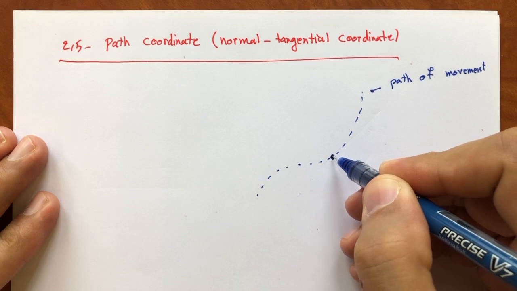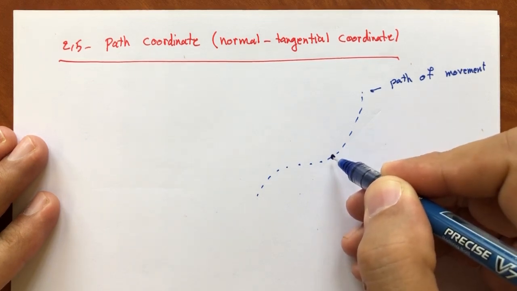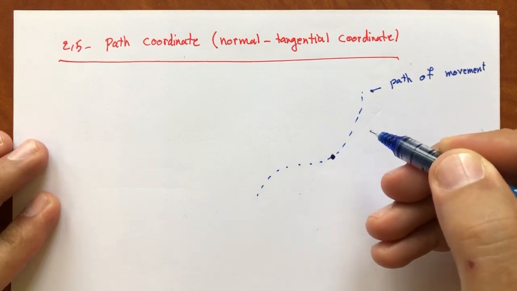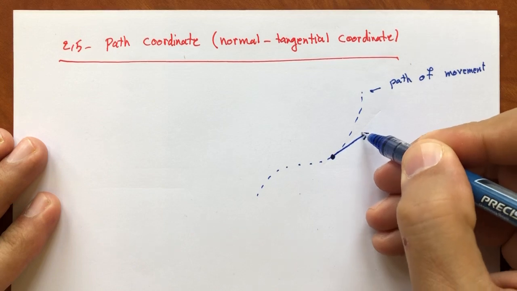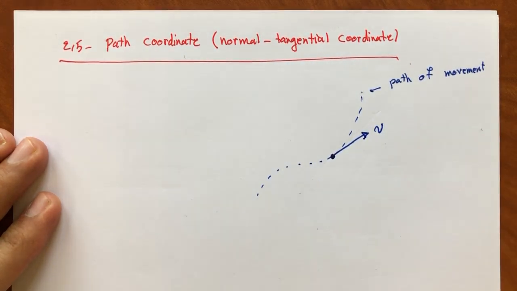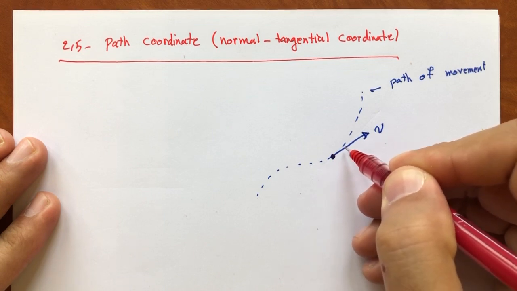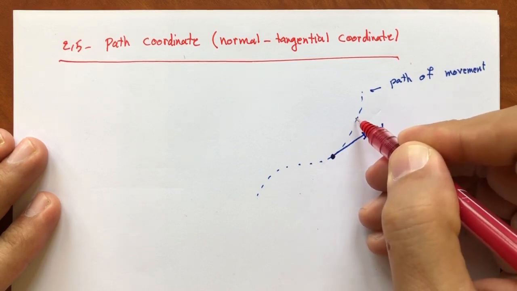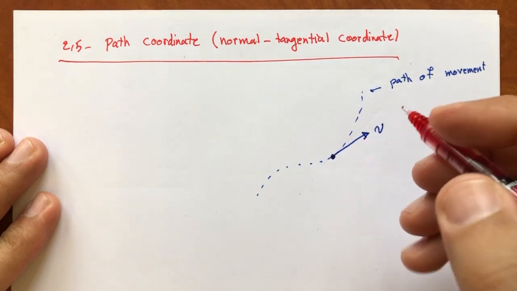Because if it's not tangent to the path, it means it's going to be out of this path, which is not possible because this is the path of movement, right? So the velocity of the particle is going to be just in this direction, which is tangent to the path. At any other points, again, the velocity is going to be tangent to the path of movement in that point.